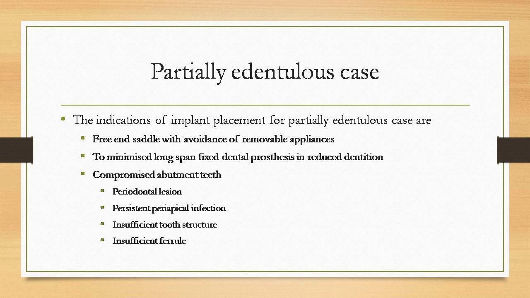Abutment teeth may be classified as questionable due to advanced attachment loss in periodontal cases, persisting apical lesions in endodontically treated teeth or prosthetic impairment with reduced tooth structure and insufficient ferrule. While maintaining a questionable tooth in a given situation may be reasonable, including this tooth as decisive abutment in a fixed dental prosthesis would increase the risk for failure of the entire reconstruction.